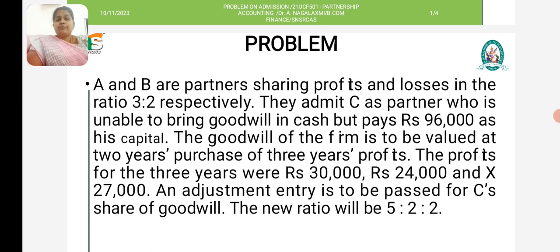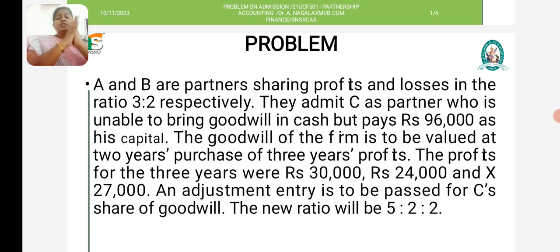The goodwill of the firm is valued at 2 years purchase of 3 years profit. The profits for the 3 years are rupees 30,000, rupees 24,000 and rupees 27,000. An adjustment entry is to be passed for C's share of goodwill. The new ratio will be 5:2:2.